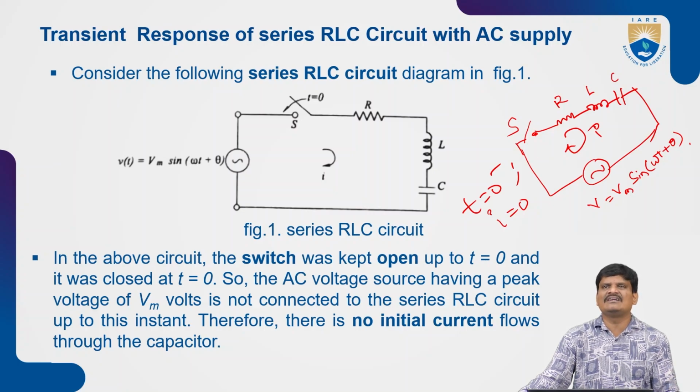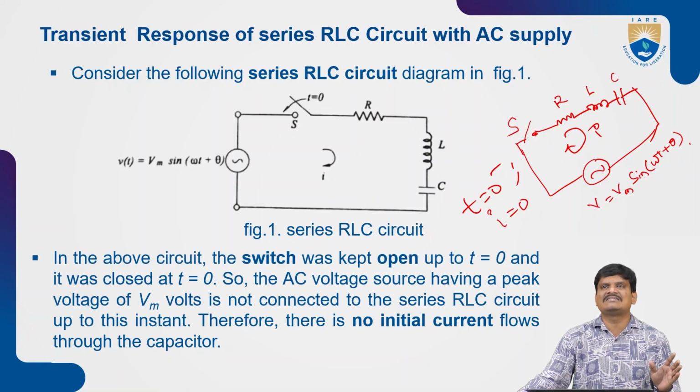So at the initial condition, when the switch is open at t equal to 0 minus, there is no initial current flowing in the circuit, either through the inductor, the capacitor, or the resistor.